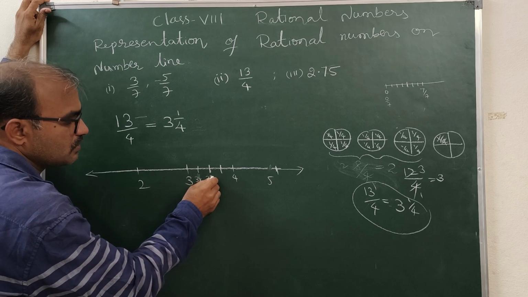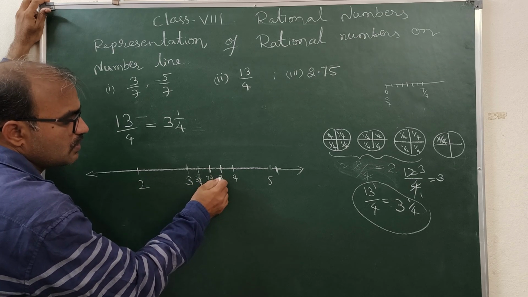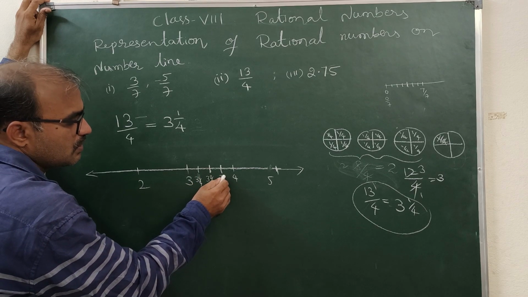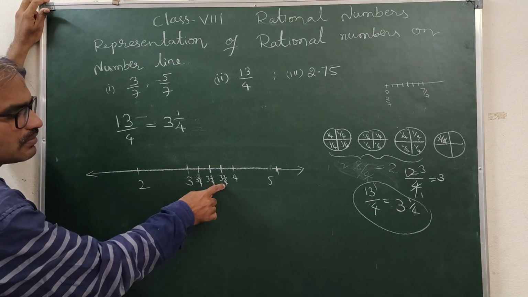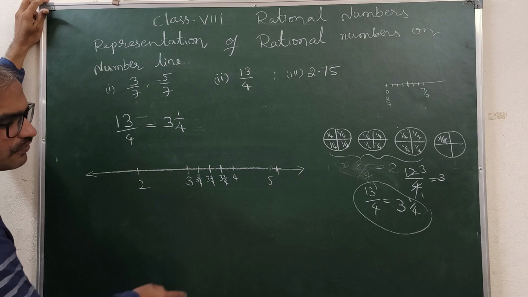3 wholes, 2 fourths, 3 wholes, 3 fourths. So it is 3 wholes, 4 fourths. 4 fourths will make again 1, right?